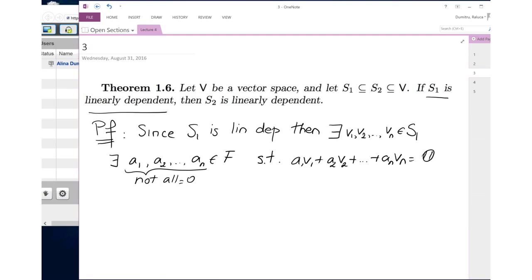These are vectors in S1. Vectors in S1 are also vectors of S2, right? Because S1 was part of S2. So I can see this as a combination of vectors of S2.